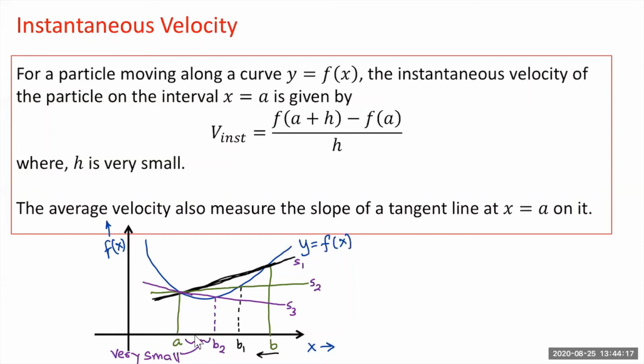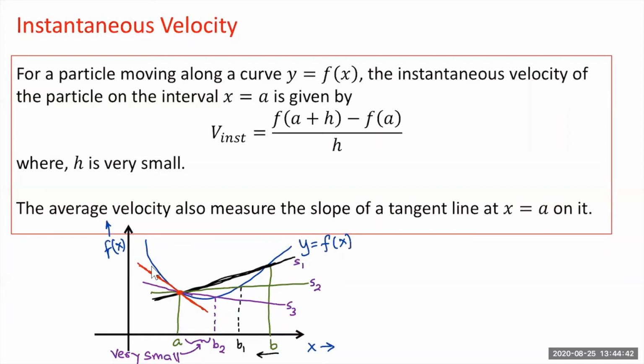That means when B is very close to A, then the secant line will be just like that. This line will technically pass through a single point on the curve. It will just pass through this point on the curve, only one point.